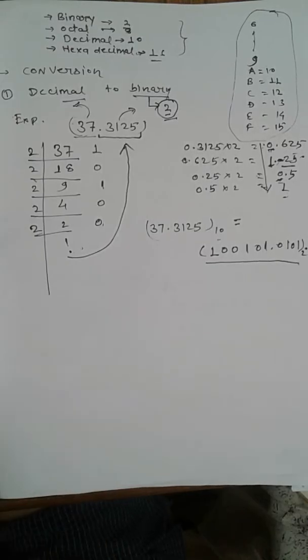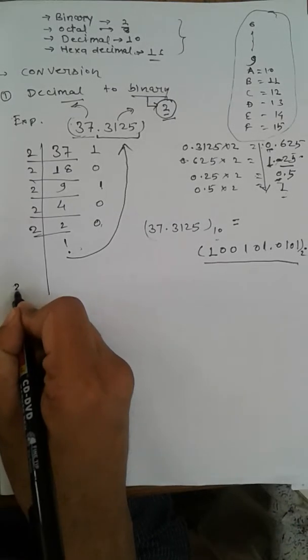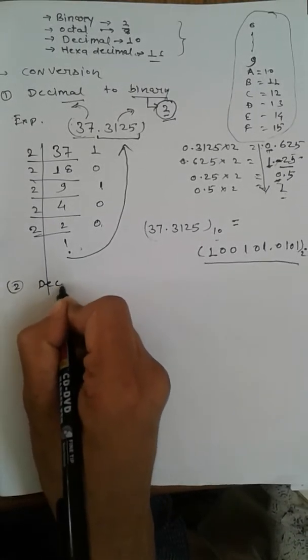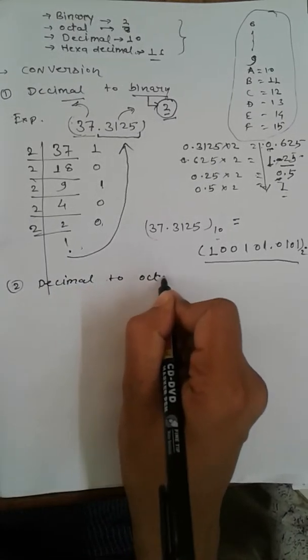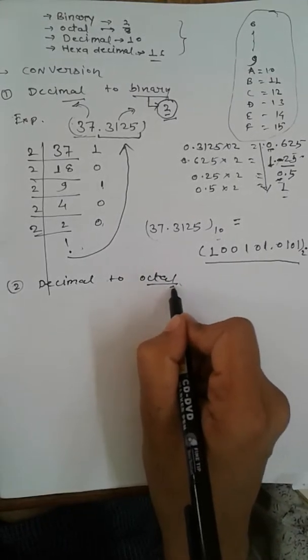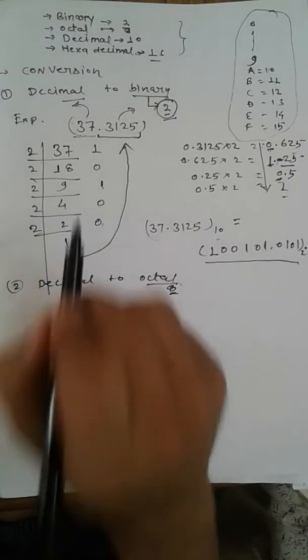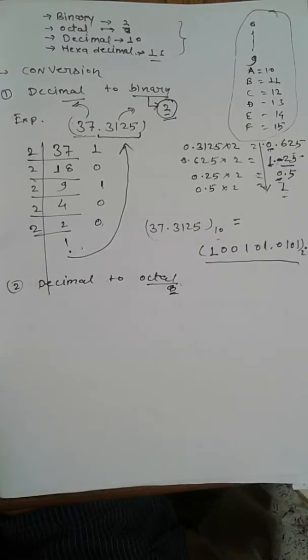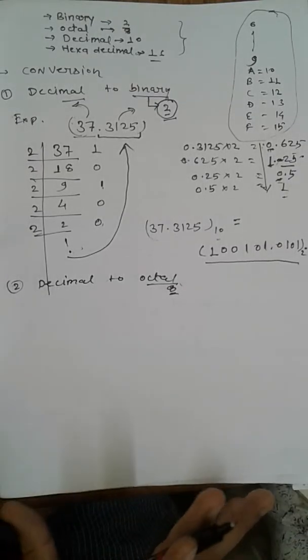And then see decimal to octal. Octal means base 8. Let's take this example, and then we will go through the opposite conversion also, and you can verify all the answers.